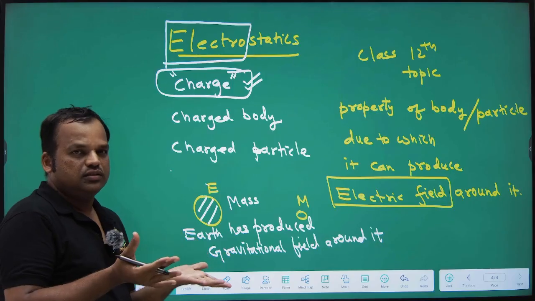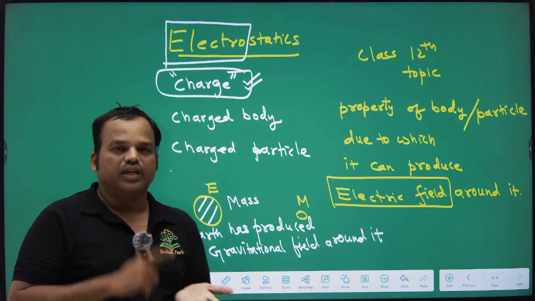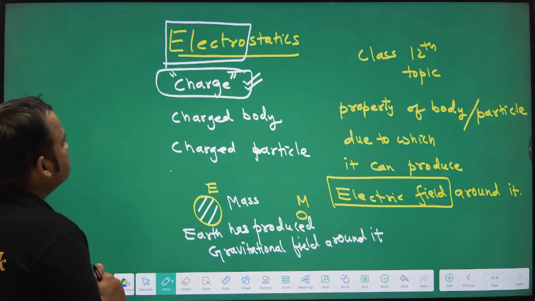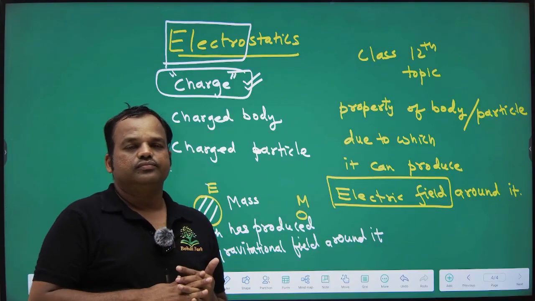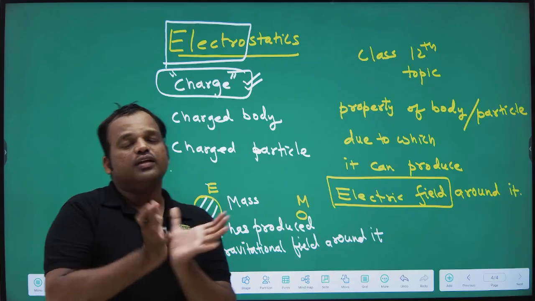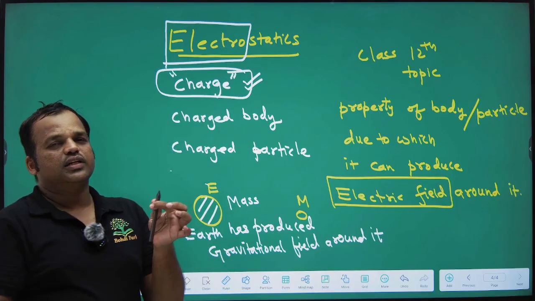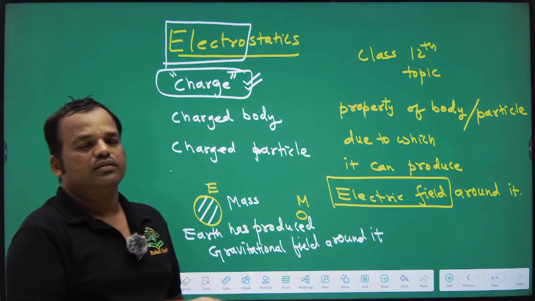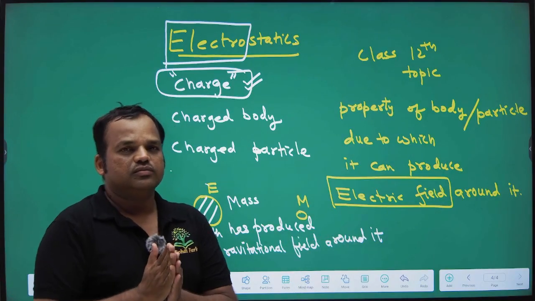It can be a charged body, it can be a charged particle, it can be metal, it can be non-metal, it can be of any shape, a spherical body, or a linear object like a rod, a ring shaped object, a big object, or a small object.